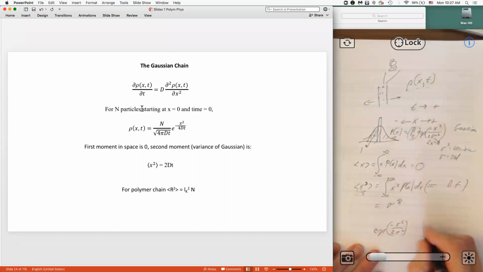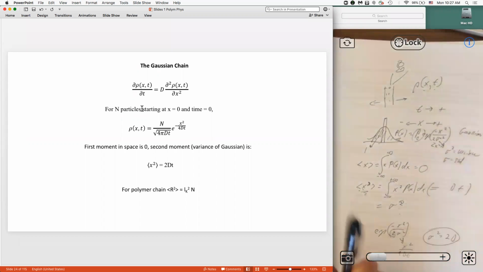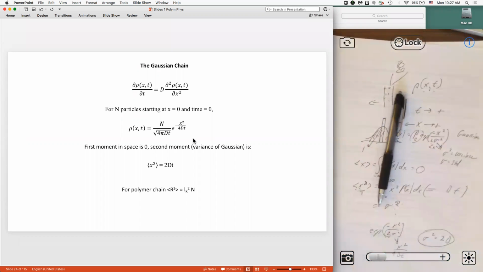And here the argument of this thing is x squared over 4 times the diffusion coefficient times time. That means the 2 cancels, so that sigma squared is 2 times the diffusion coefficient. So the variance is 2 times the diffusion coefficient for this Brownian motion.